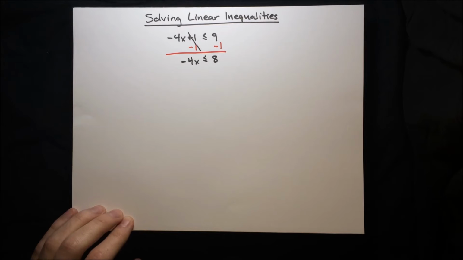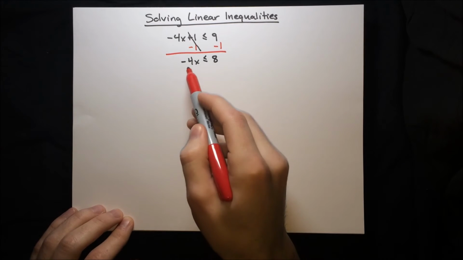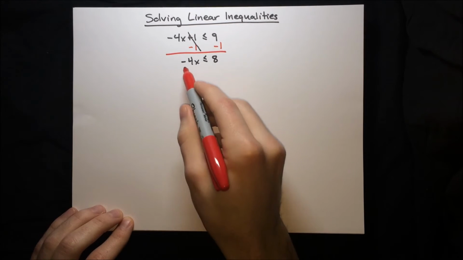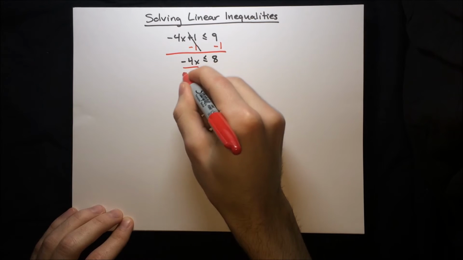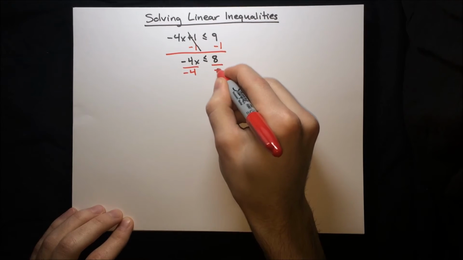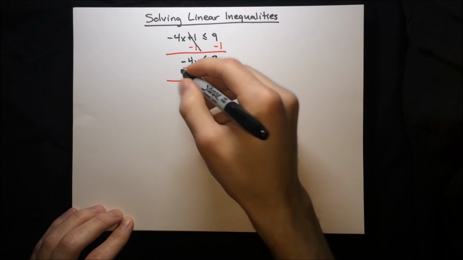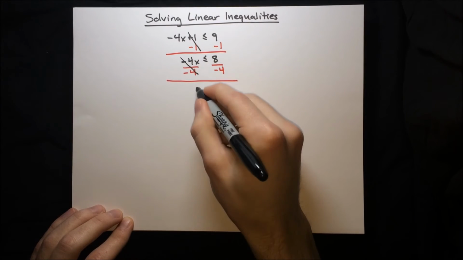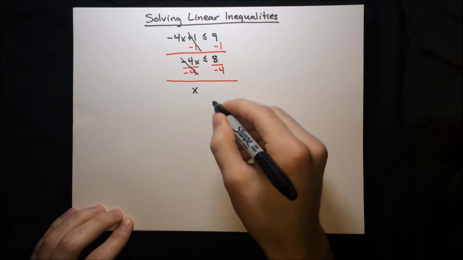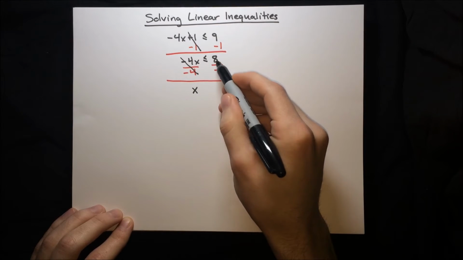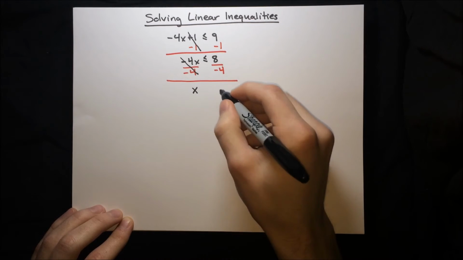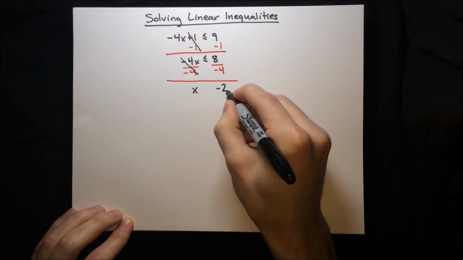And now we want to get x alone, so we can divide by negative 4 to cancel that negative 4. And then that negative 4 cancels with that negative 4, and we've got just x. And then on this side, we've got 8 divided by negative 4, which is negative 2.